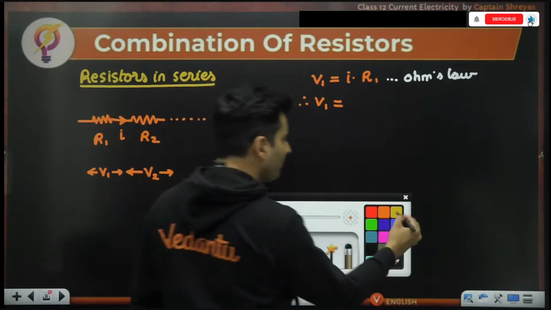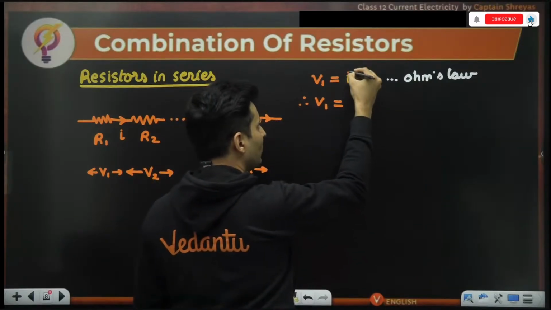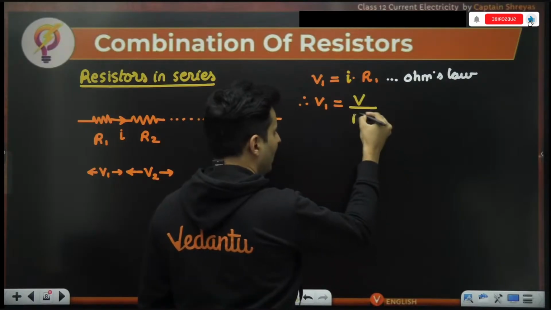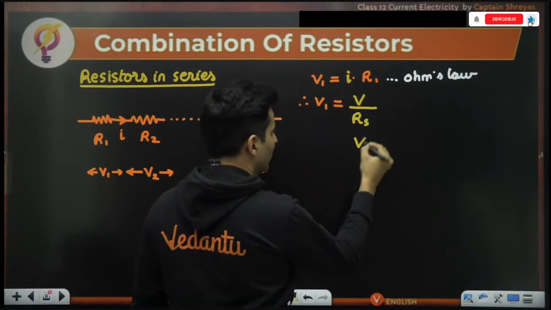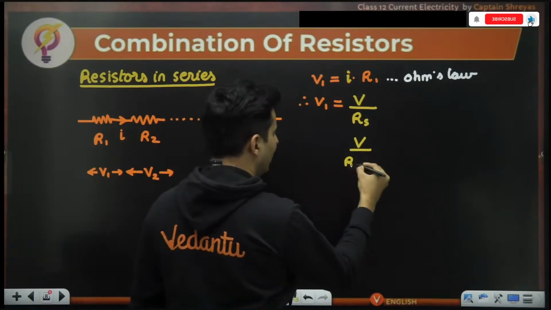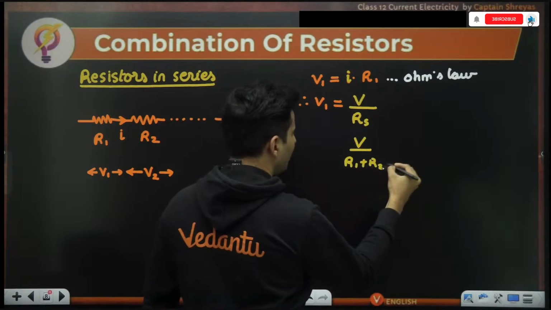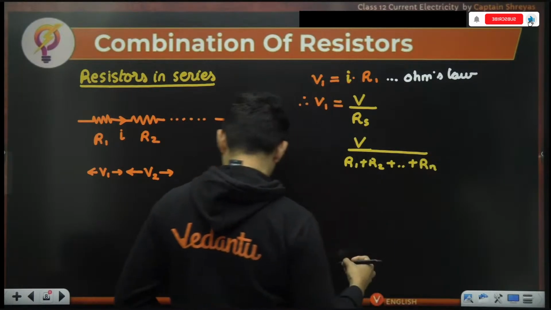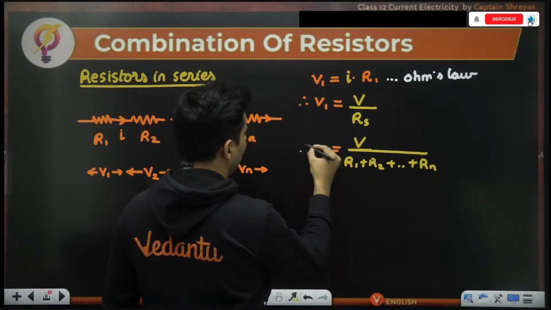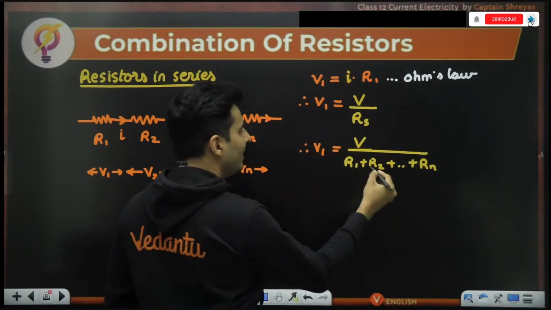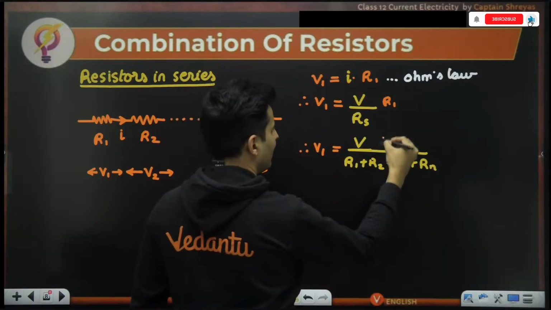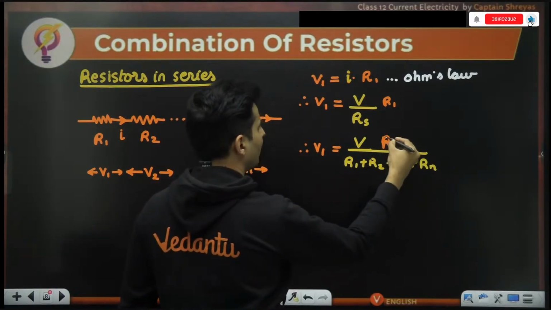This particular current which you see over here is nothing but the total voltage divided by the total resistance. The total resistance is nothing but R1 plus R2 like that till Rn. That is the total resistance. Perfect. So therefore, V1 will be V divided by R1 plus R2 plus R3 like that, and this will be multiplied by R1.